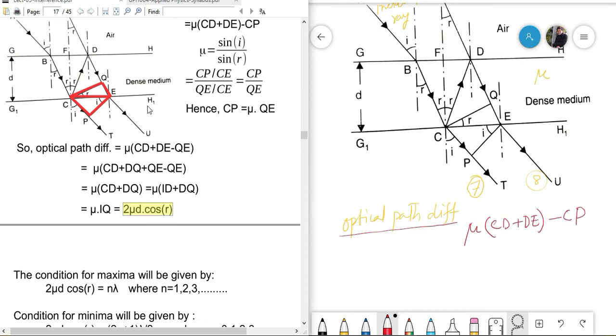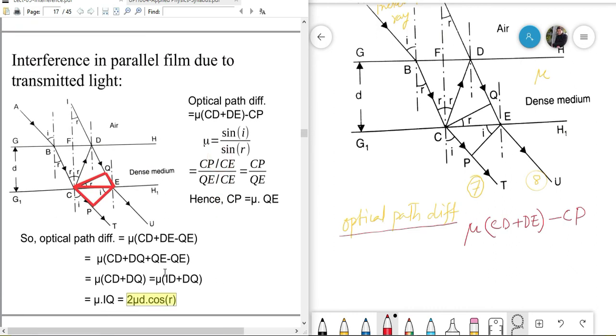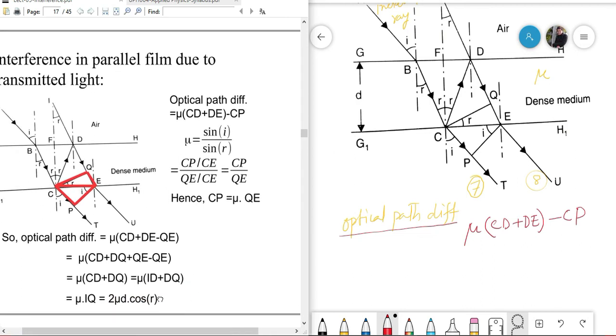So all the steps are described in this slide, and if you go carefully, then you can find out that the optical path difference is equal to 2 mu d cos r, as it is shown here.